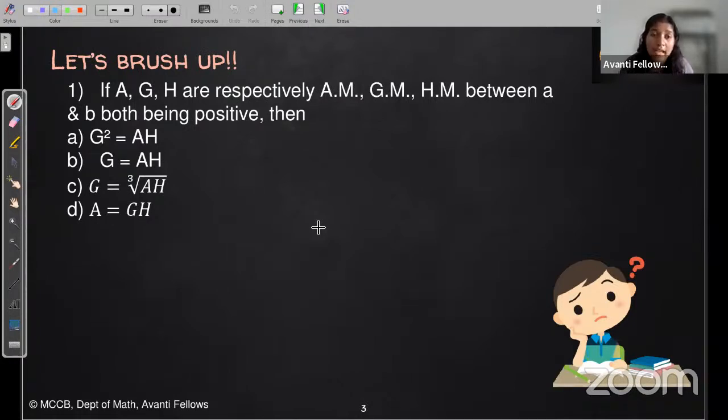The question is, if A, G, H are respectively AM, GM, HM between A and B, both being positive, then which among the following is the correct one? Answer me in the chat box. Come on, this thing we studied in our last class, right? The relationship between AM, GM and HM.